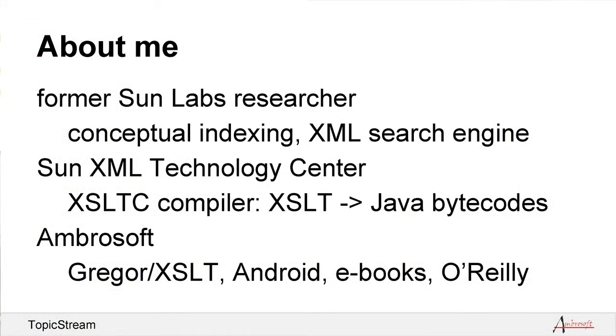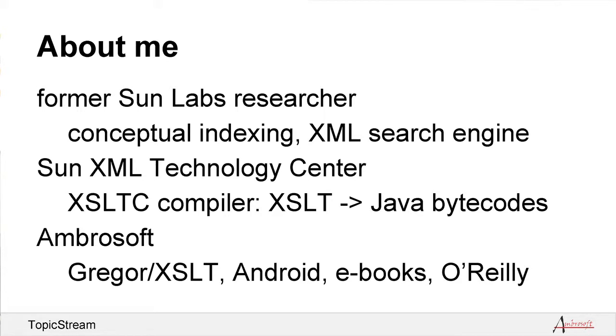About me, I used to be a researcher at Sun Labs a long time ago, and I worked on something called conceptual indexing, which was really NLP stuff. Then I also wrote an XML search engine, which was used in IntelliJ IDEA and OpenOffice for many years.